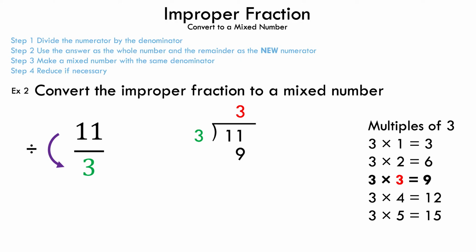Now we subtract those two numbers, 11 and 9, which is 2. That is our remainder. We're going to use each of those numbers to write our answer. Our red 3 is the whole number, our green 3 is the denominator, and the blue 2 is your numerator. So our answer is 3 and 2/3.